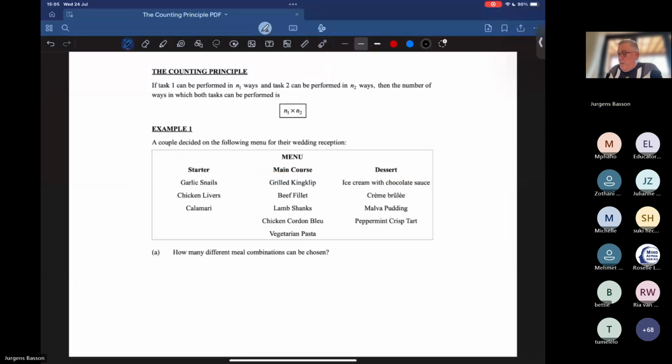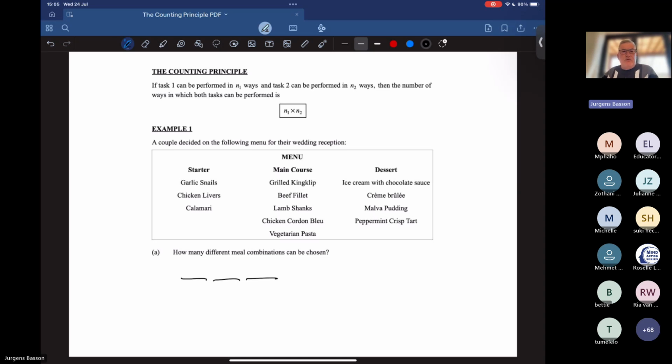What I like to do, and I would recommend you do it like this with your learners as well, is draw lines to represent the different tasks that I'm going to do. It's almost like you are building a picture of the problem, and that will really help you, in particular when they get more difficult.